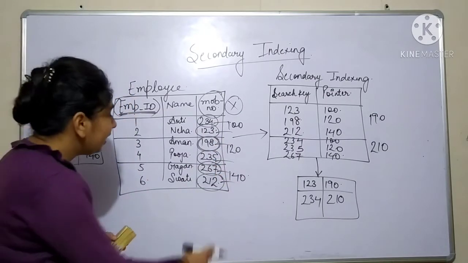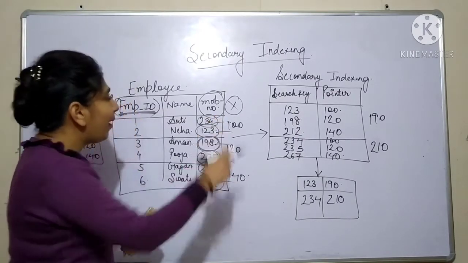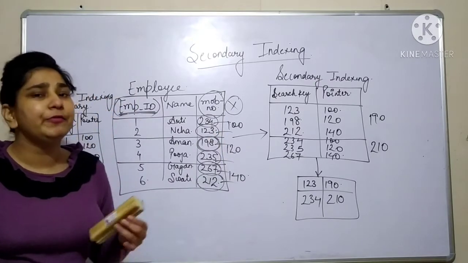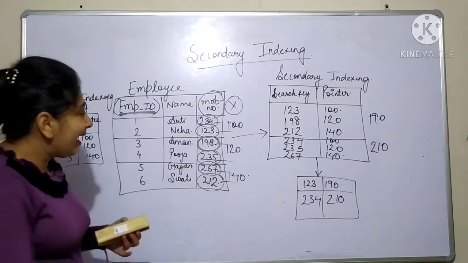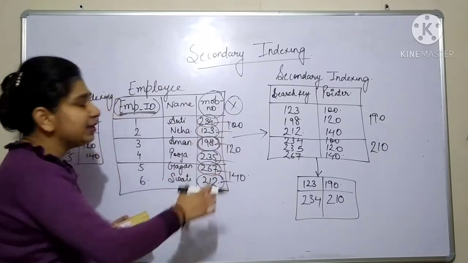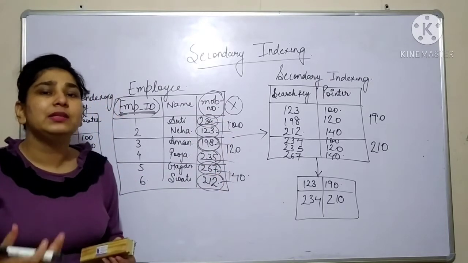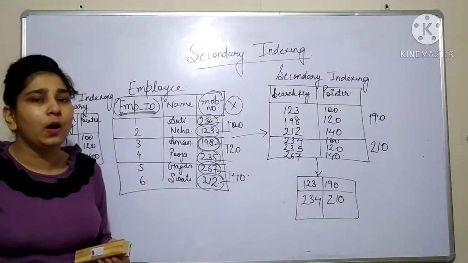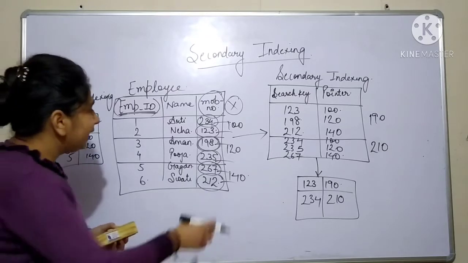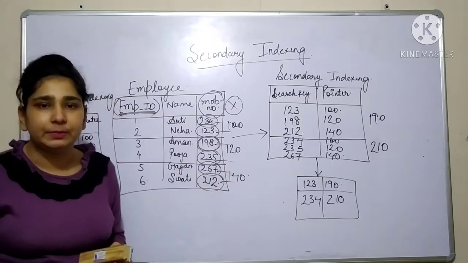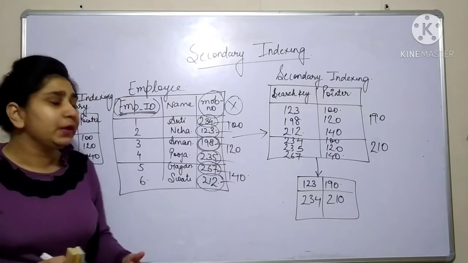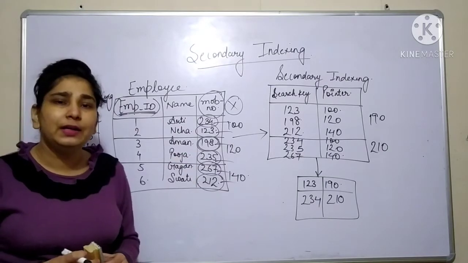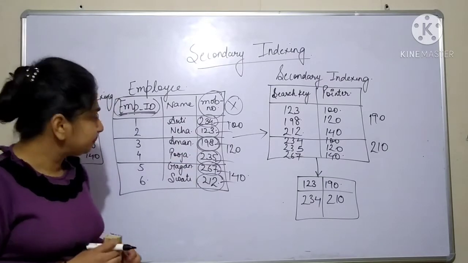All are different, and they are not arranged in any particular sequence like ascending or descending order. They are arranged randomly.